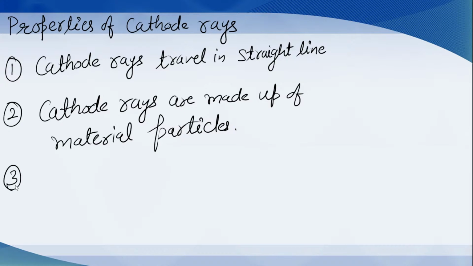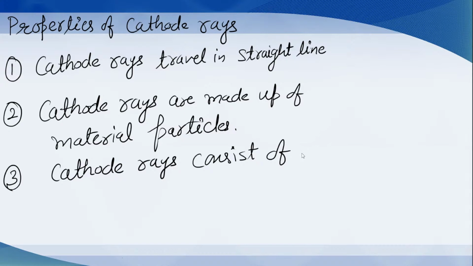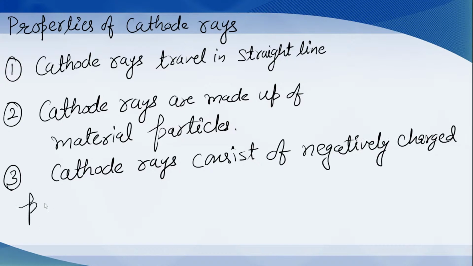So how do they rotate it? Because they consist of material particles, only then can they rotate the paddle. Okay. Then cathode rays consist of negatively charged particles.